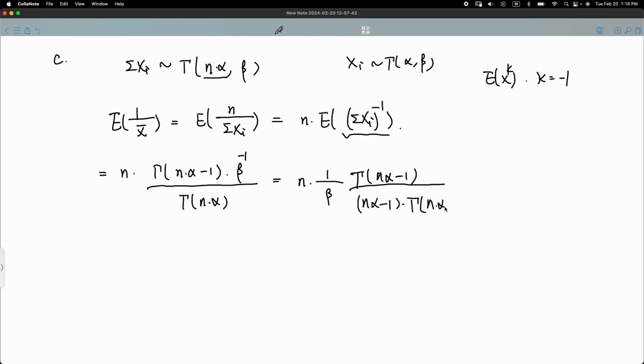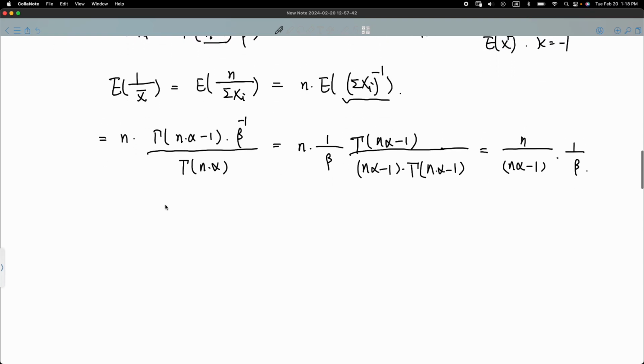This is just a formula to reduce one copy of the denominator, and then you will see that the numerator and this denominator cancel out. We will have n over n alpha minus 1 multiplied by 1 over beta.